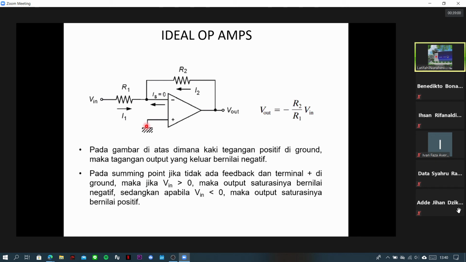If it is connected to the ground, then we are sure that the output voltage will be negative. And there is a resistor coming in from the input voltage, and from the output voltage here it is fed back by resistor 2 to the inverting minus.